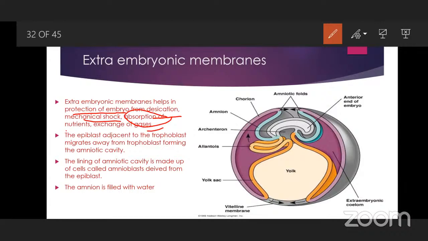So these are the main four functions of the extra embryonic membranes. Now, what are those extra embryonic membranes? They are chorion, amnion, allantois, and yolk sac.